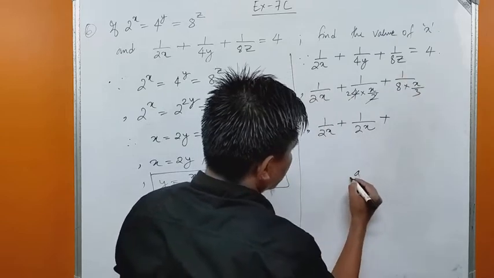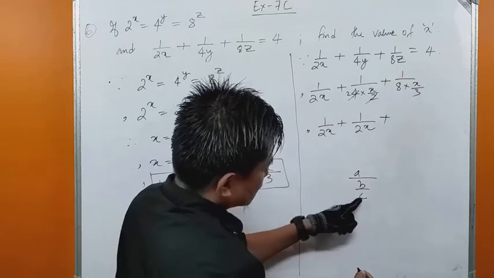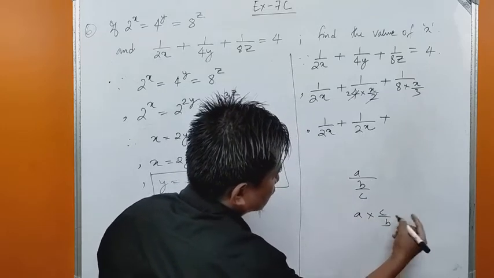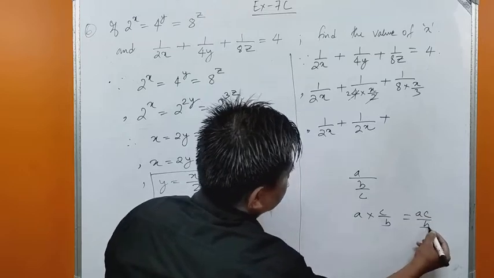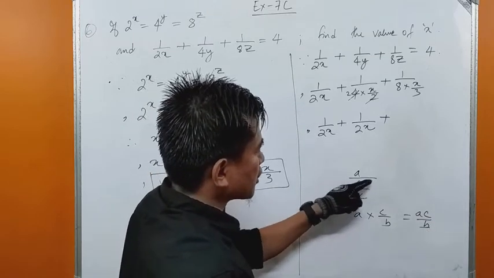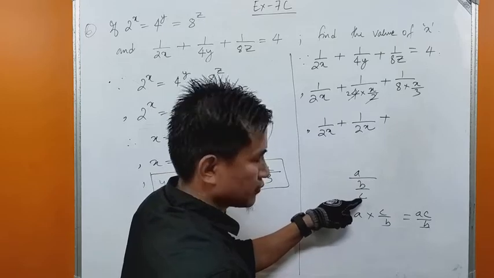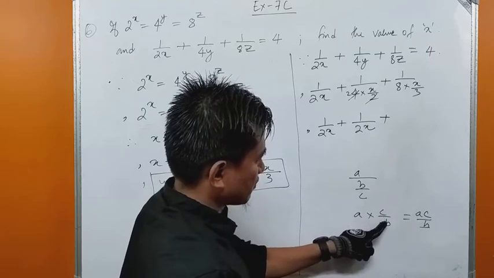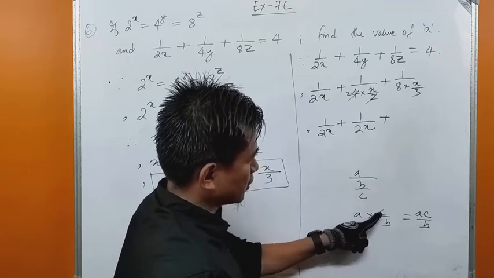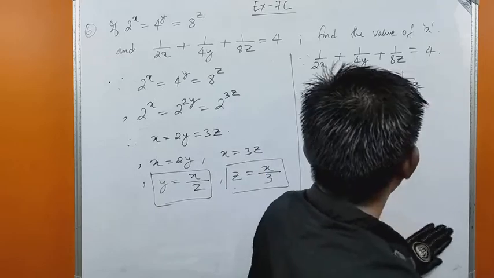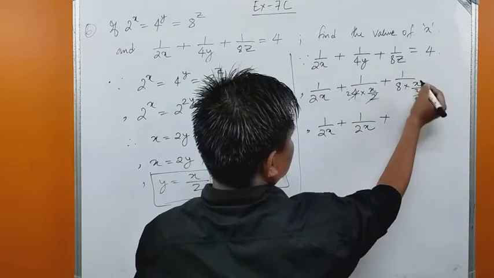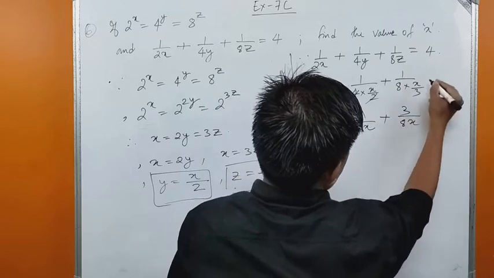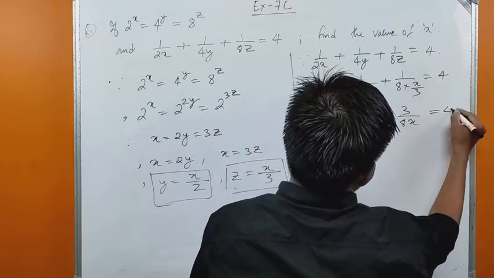If it is a upon b upon c, then this c goes to the numerator, and it becomes a into c by b, so ac upon b. So the 3 goes to the numerator: 3 1s are 3 upon 8 into x, which is 8x. And equals 4 was there on the right hand side.